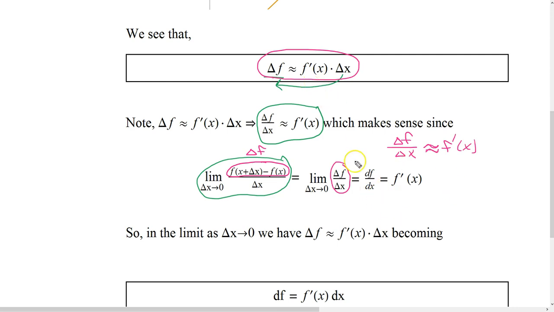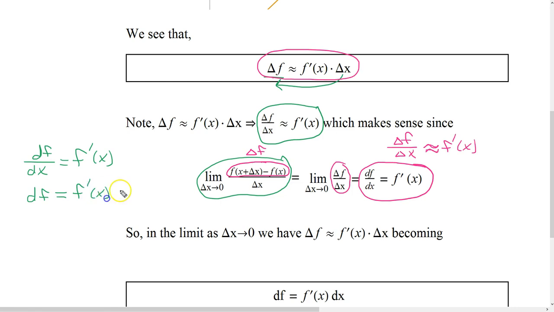Now notice we have this quantity right here, and we can actually write that as, so if we start out with this, we can think of multiplying the dx to the other side, and we get df equals f prime of x dx, where the approximation has become equality now.